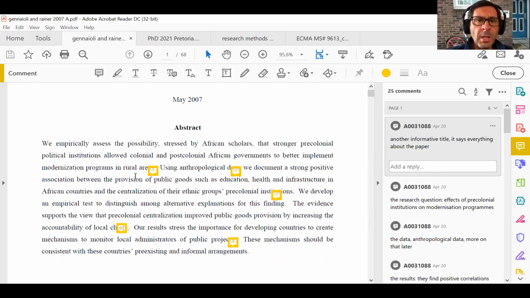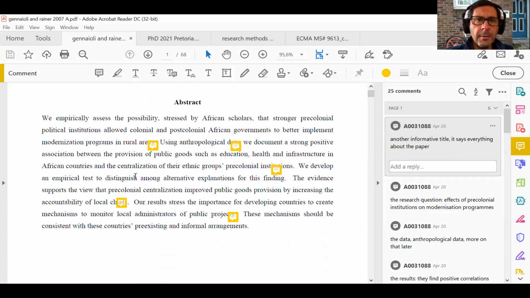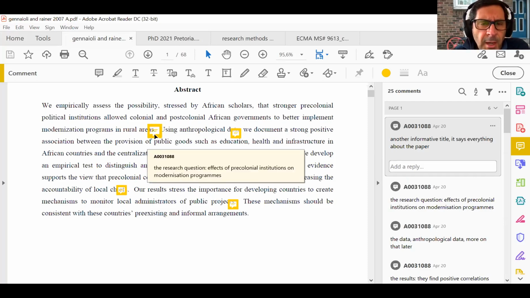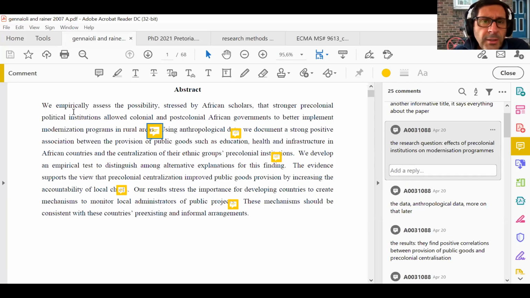Okay, that's the abstract. You have to write an abstract when writing a paper, when writing your dissertation, all the time, which is essentially about 150, 200 words. 200 is a lot of words for an abstract, but I can be flexible. So what is it that they do?